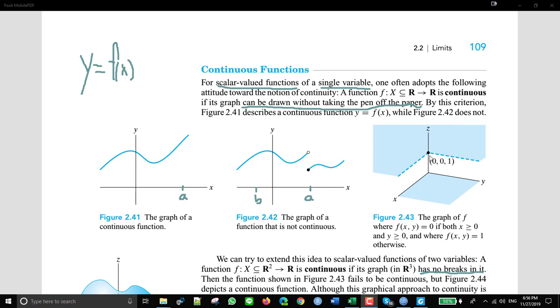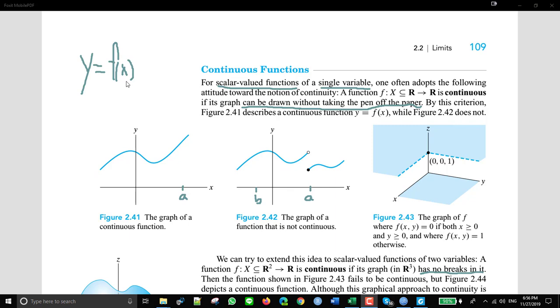It's not actually that height at 0, 0. When x and y are 0 and 0, the height is actually 0, right? Because this says greater than or equal to 0 and greater than or equal to 0. So, okay. Anyway, this is what we mean by continuity for a function of a single variable.